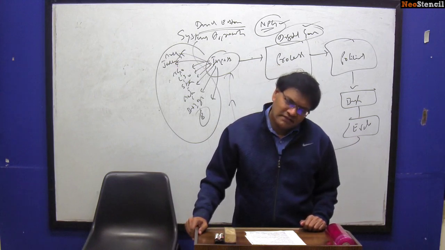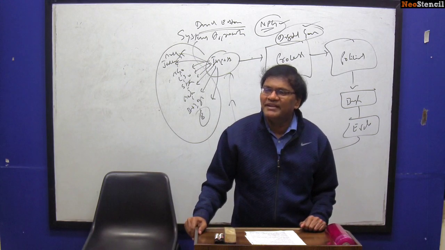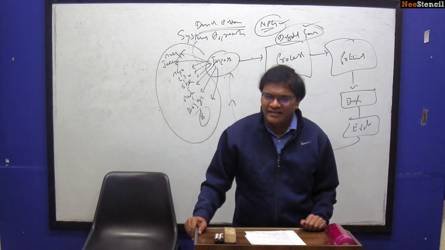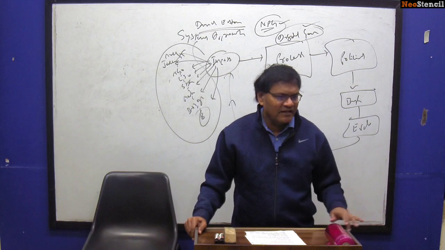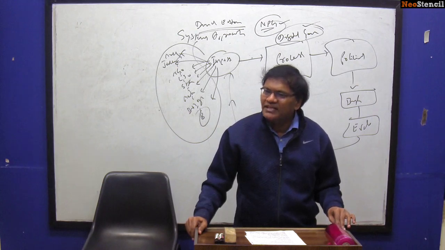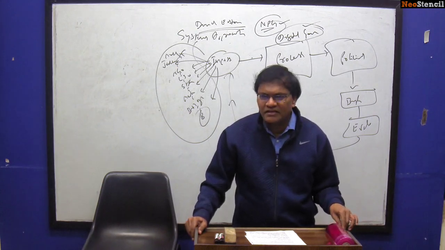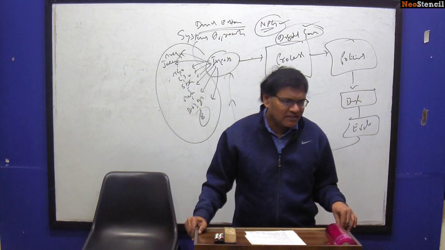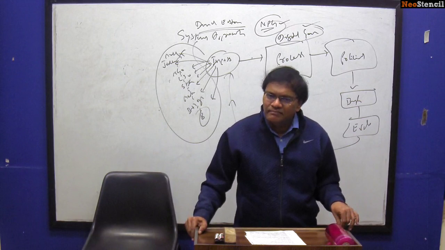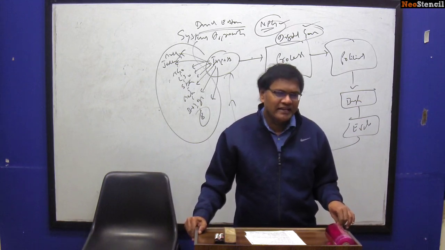Because in the first place, this affirmative action was never implemented in the case of women, right? The reservations for women were implemented only in local self-governments, but not in state assemblies or parliament. The 33% reservations for women bill in parliament is still hanging in parliament.